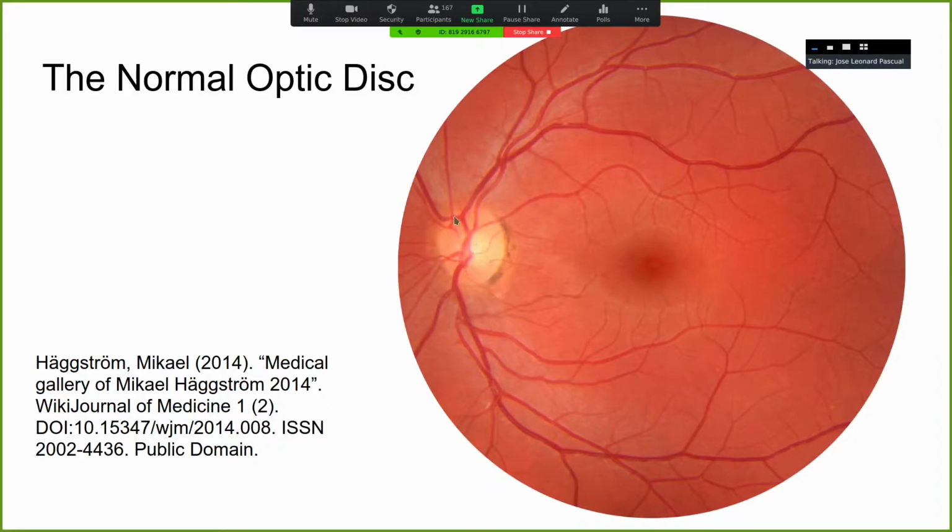You can see two types of blood vessels, the lighter red one and the darker red ones. The darker red ones are actually the retinal veins, and the lighter or brighter red ones, meaning not dark red, are the arteries. They characteristically form branches around this area of the optic disc and arch over it.